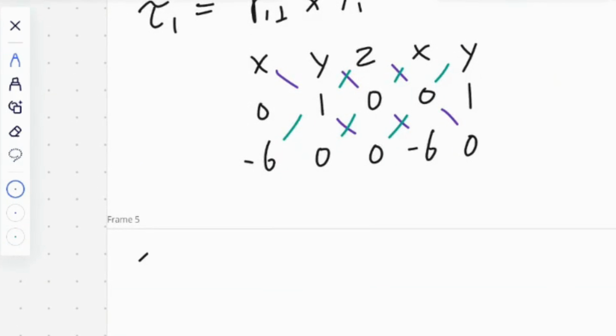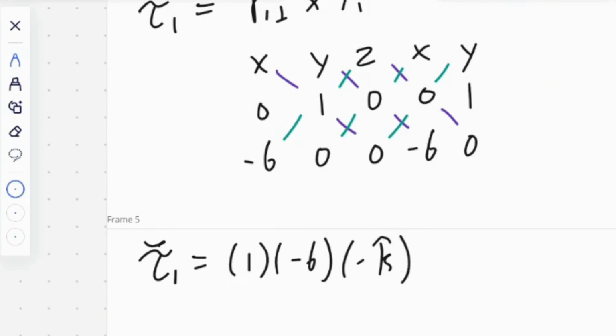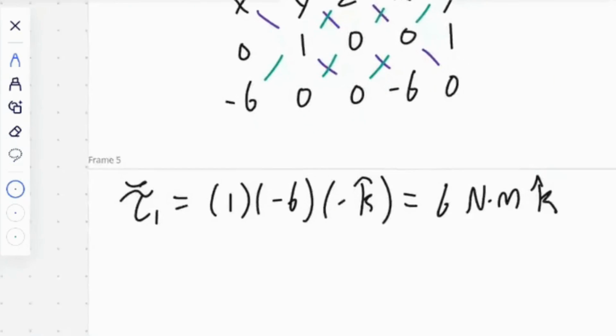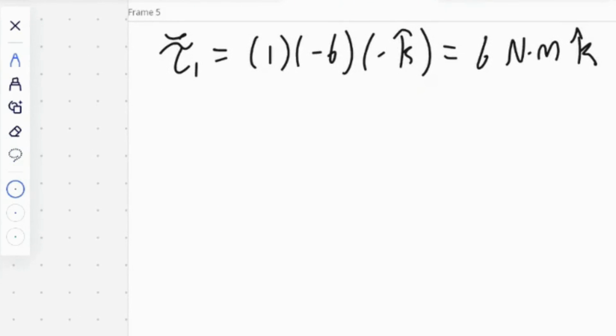So when we do that cross product, we're just going to get 1 times minus 6 times negative k hat. So we'll get 6 Newton meters k hat for that first one. And then we can just repeat the same thing for the other ones.